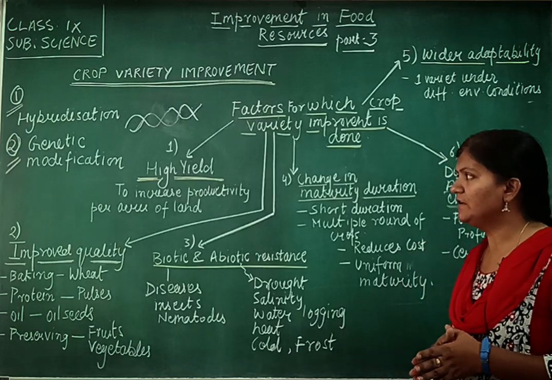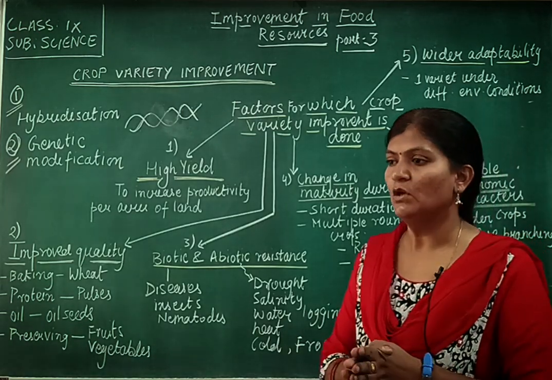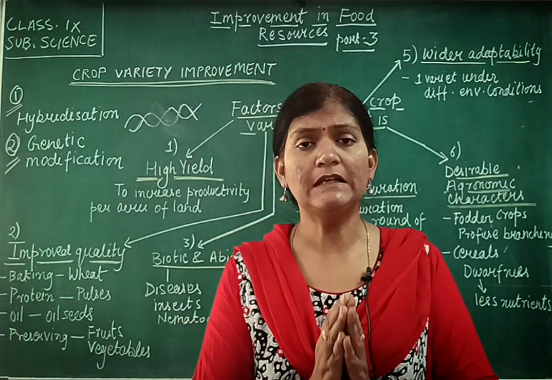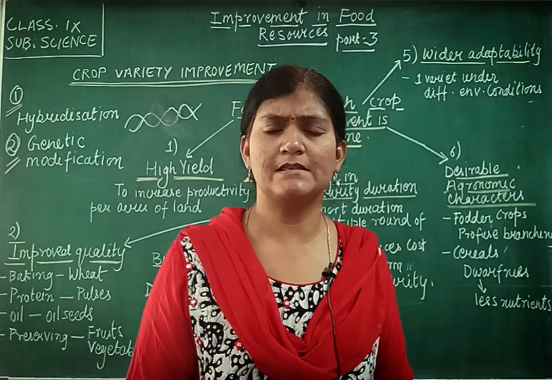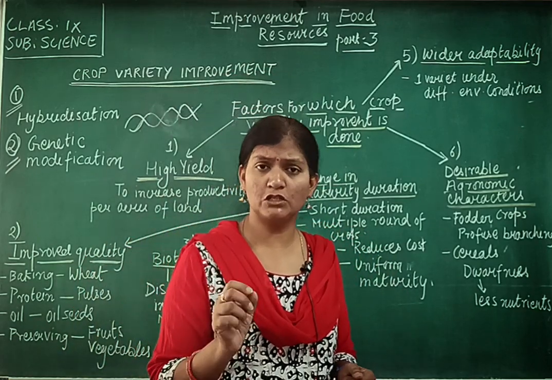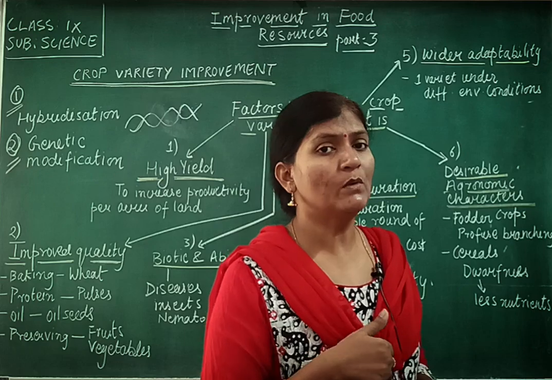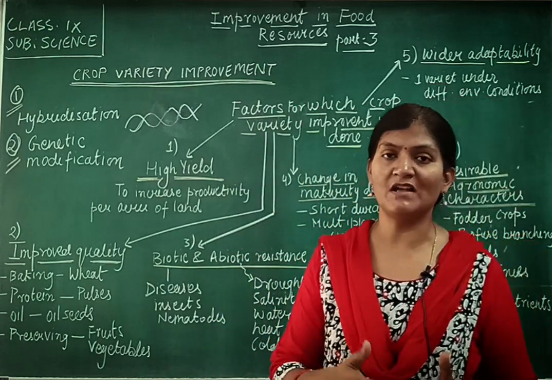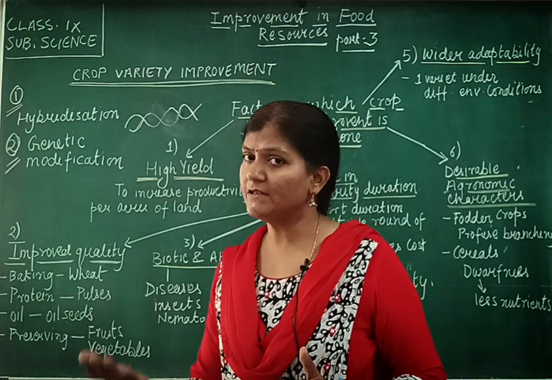See students, genetic modification is done with the help of genes. What is a gene? You have already learned about genes in class 8: a gene is the smallest unit of DNA which transfers the characters from one generation to the next generation.